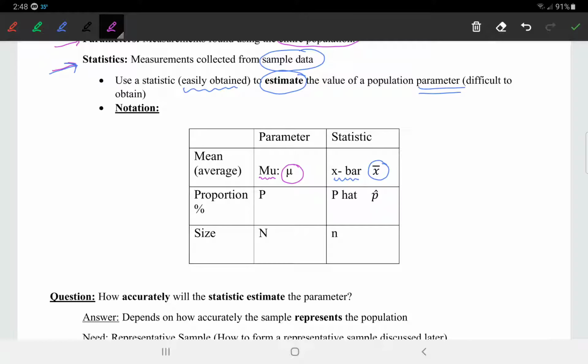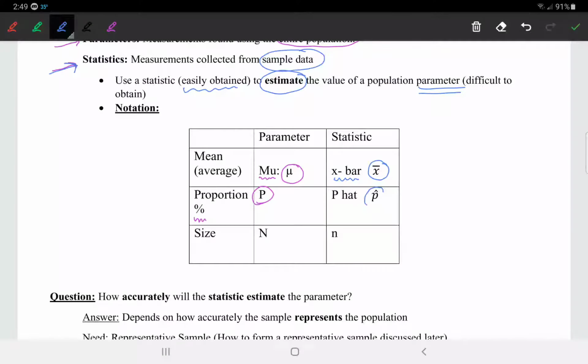Sometimes we'll talk about the proportion of a population. It's really just a percentage. So if we're saying 75% of all Americans do X, Y, or Z, we would use a capital P to represent that 75%. Again, that would be difficult to obtain, but we could look at the sample and look at the percentage that is represented in the sample.